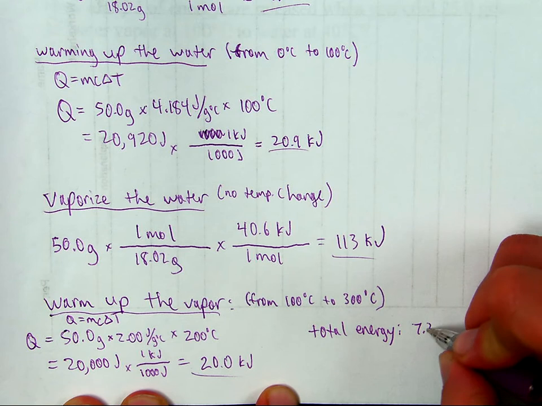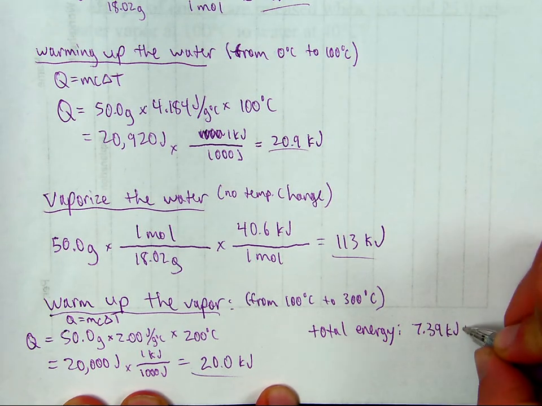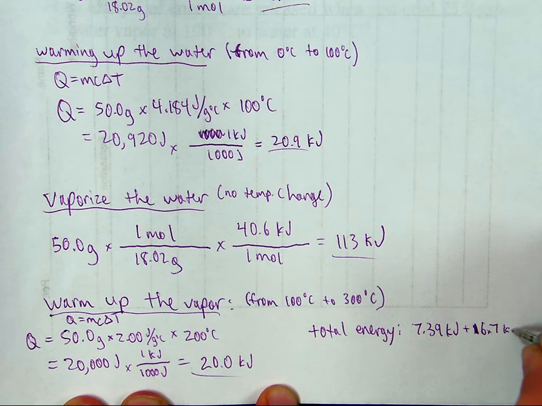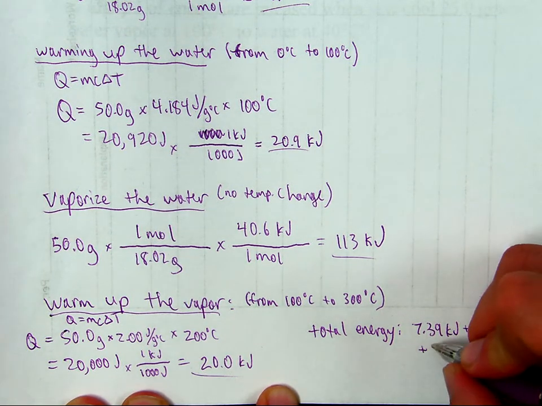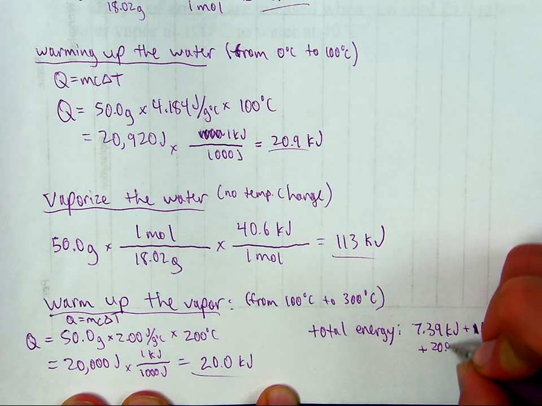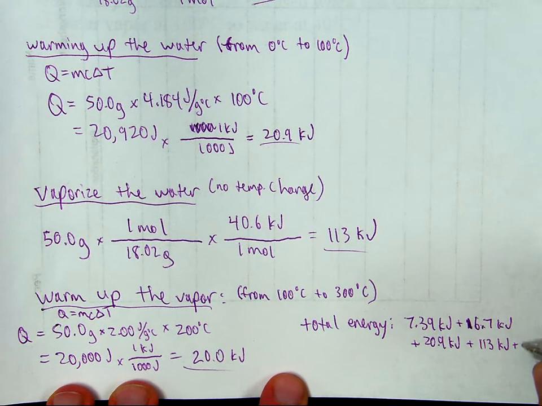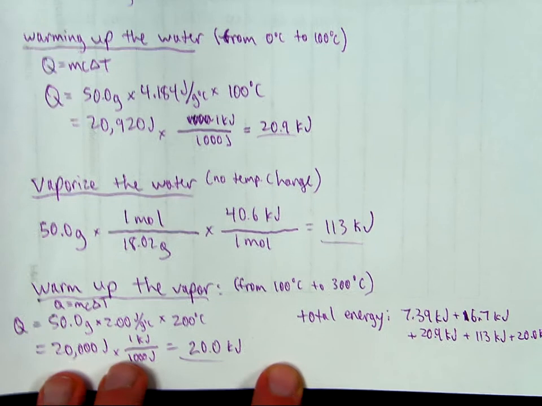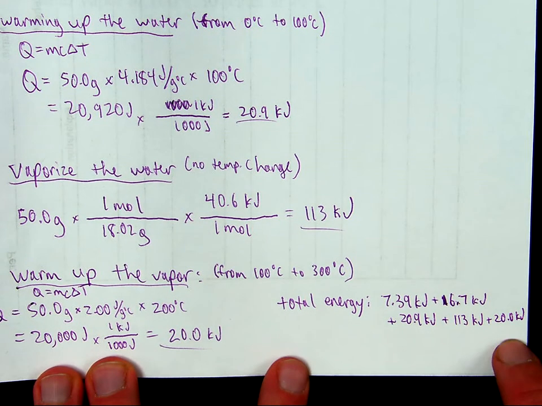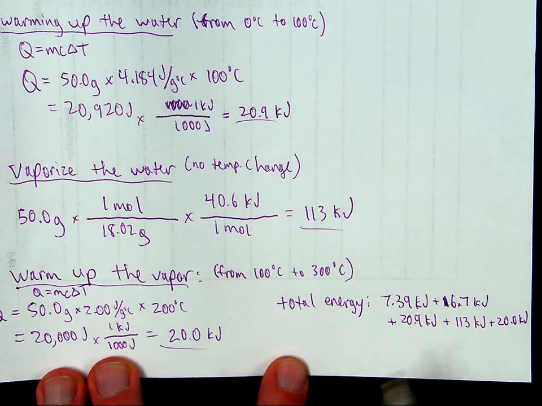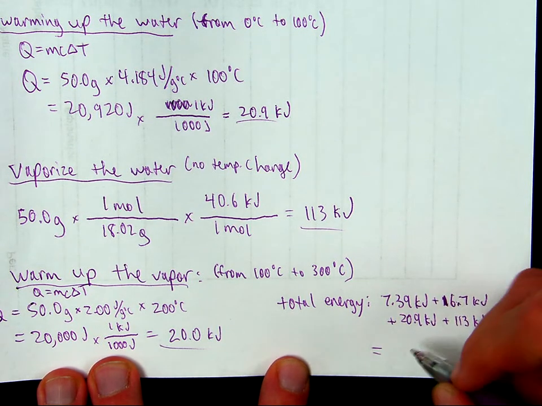So 7.39 kilojoules to warm the ice, plus 16.7 kilojoules to melt the ice, plus 20.9 kilojoules to warm the water, plus 113 kilojoules to vaporize the water, plus 20.0 kilojoules to heat the vapor. And when you add all that together, it comes out to 178 kilojoules.